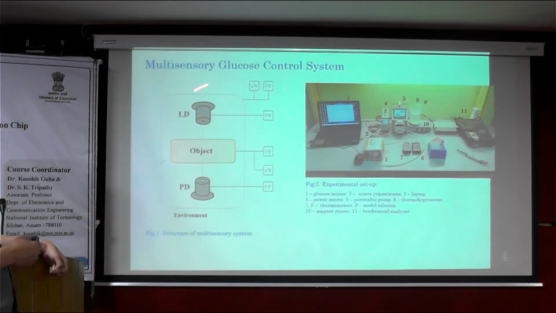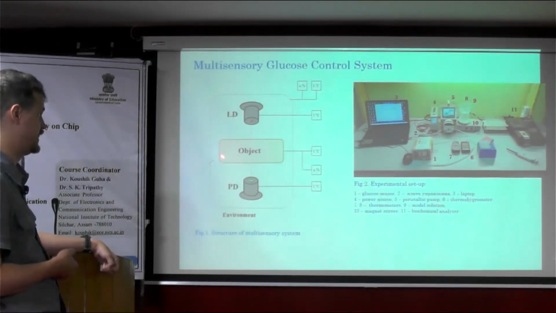So basically, we can monitor both blood and the filtrate if we properly calibrate this system to the appropriate biological object.